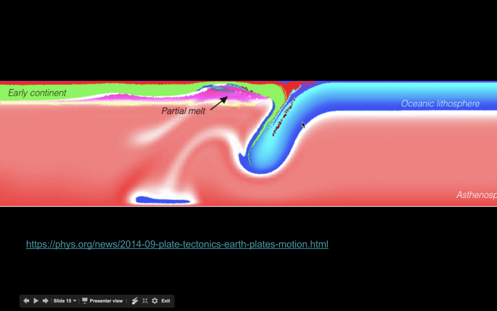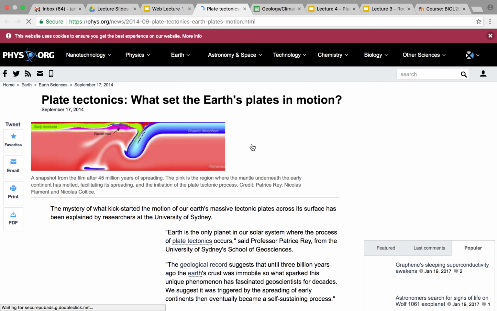In the video I'm going to show you, as the oceanic lithosphere gets colder and denser and starts to fall down into the asthenosphere, you start actually pinching off these continents. So let's go to this. This is a story here.